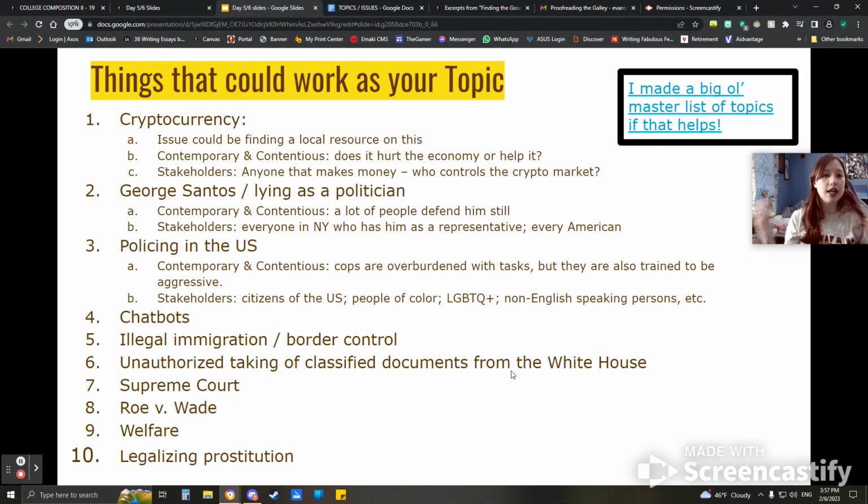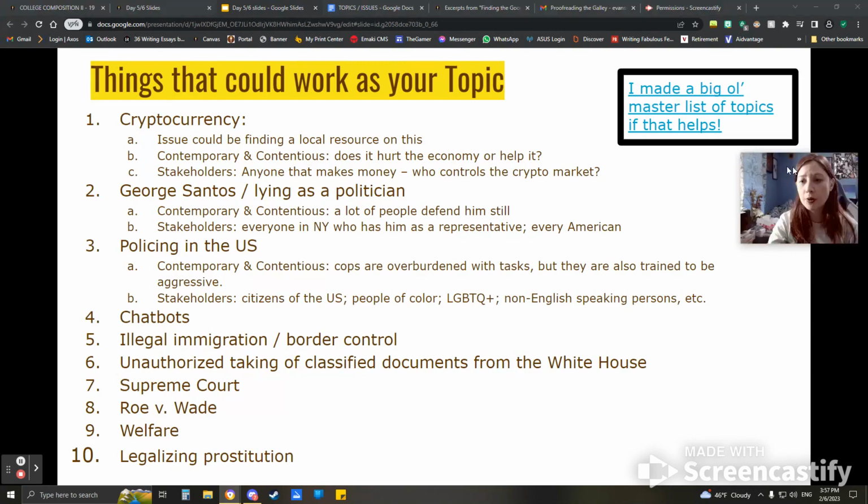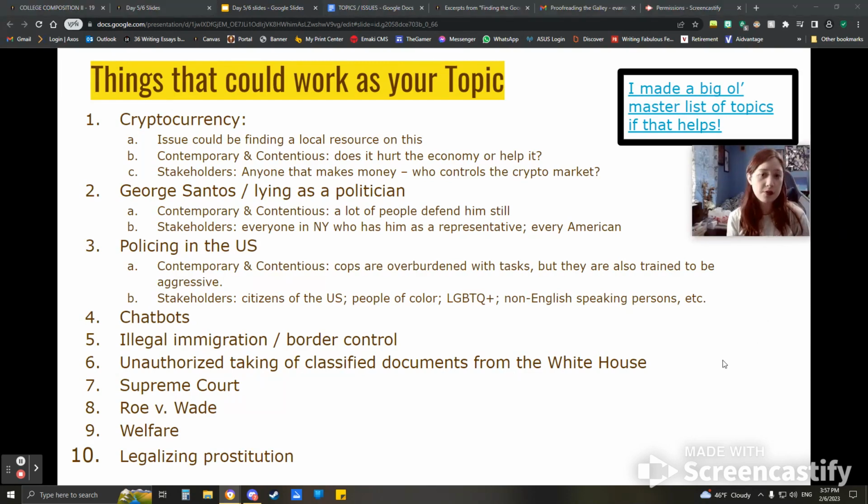Another one was George Santos, lying as a politician. So this is contemporary and contentious because on one hand, there's all these people that are very like, what the hell? Why did you lie? And also, how dare you take money from your campaign trail? But on the other side, there's still a lot of people that defend him. There are people that are disappointed that he stepped down from the committee, while others are very happy that he stepped down from the committee and think he shouldn't even be there at all.